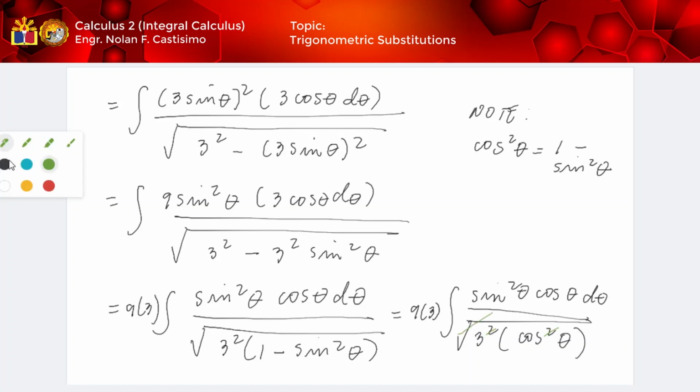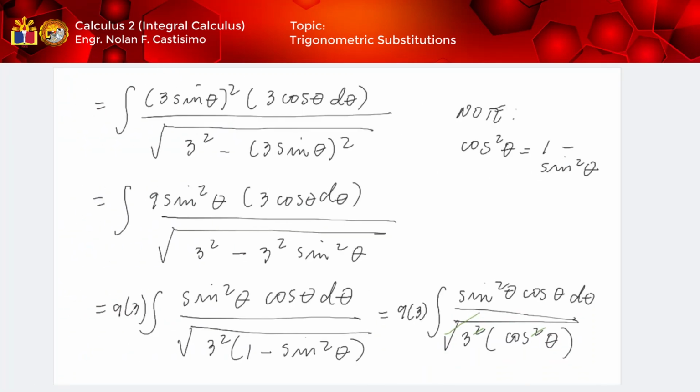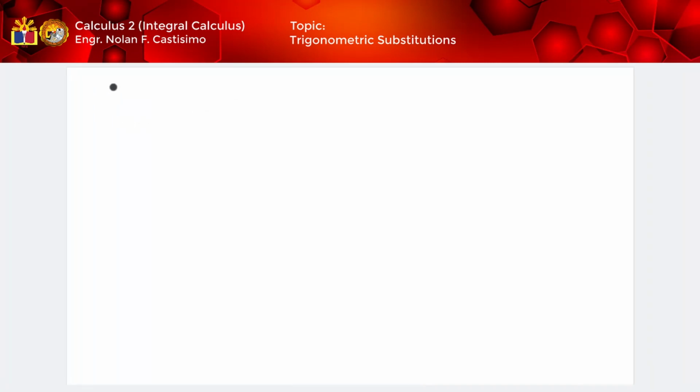So, ang mangyayari, ang matitira na lang ay, so next frame, we will be having 9 times 3 integration of sine squared theta cosine theta d theta over 3 cosine theta. Okay? So, yan.